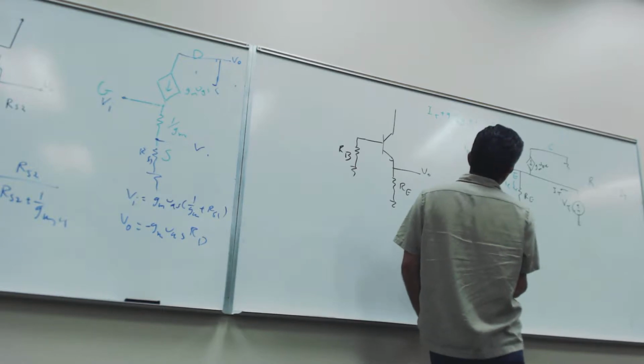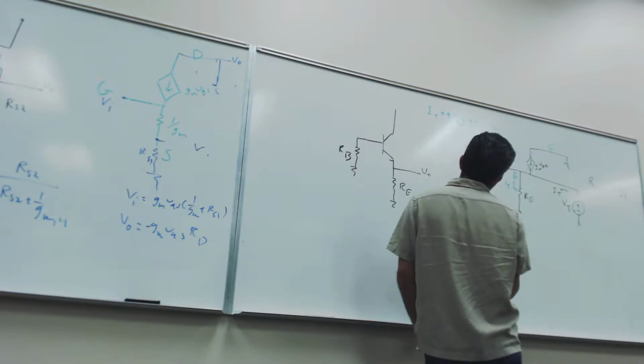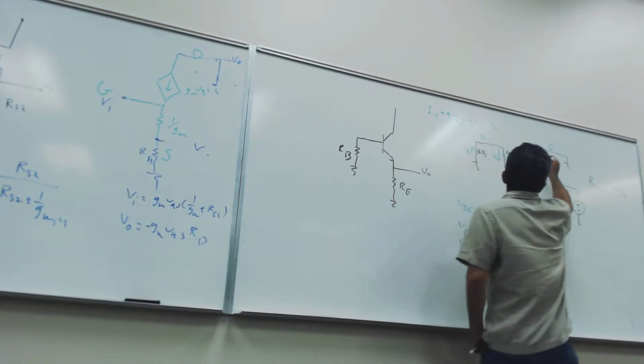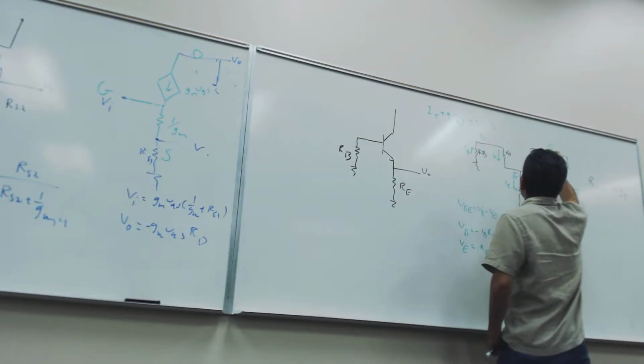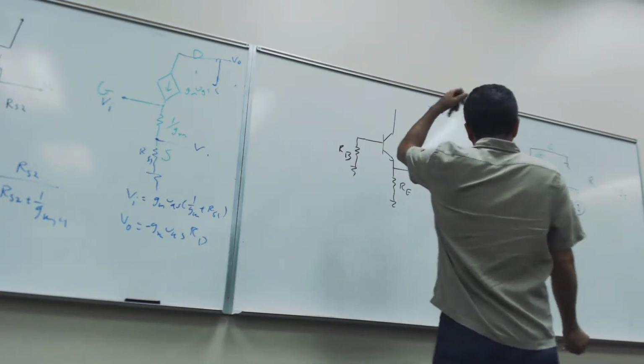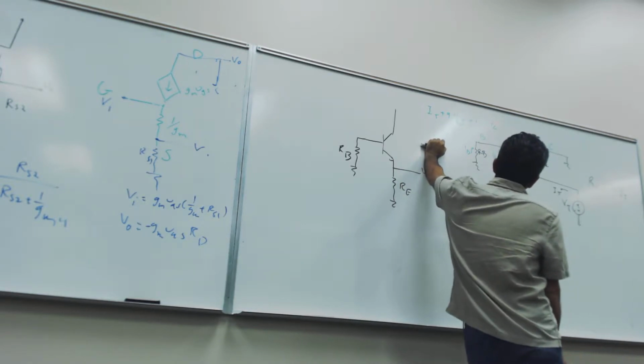What equations do I have left? The BJT ones. You can relate IB and IE together with beta. So I can write that as beta IT. Yes, that's what you're saying, right? And also IE is beta plus 1 over beta times IT.